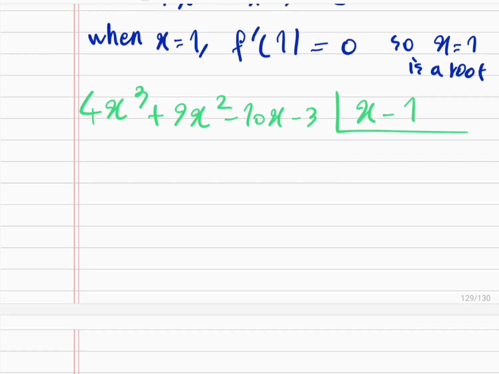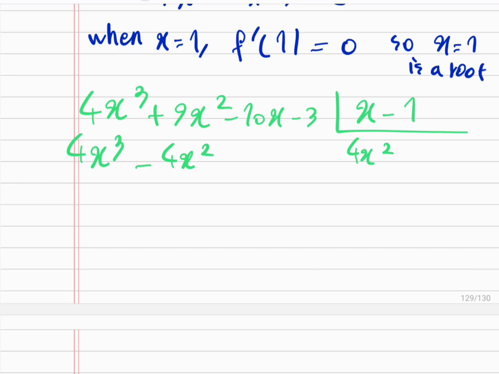The first term is obviously 4x squared, because that gives us 4x cubed here. So we need to choose terms such that they match each term here. And then 4x squared times minus 1 is minus 4x squared.